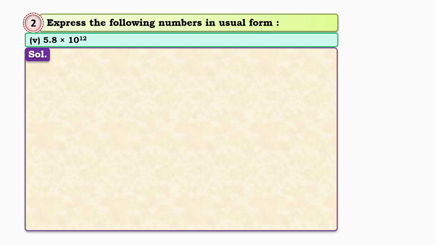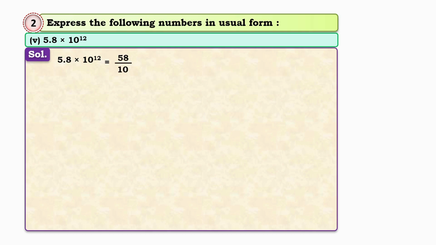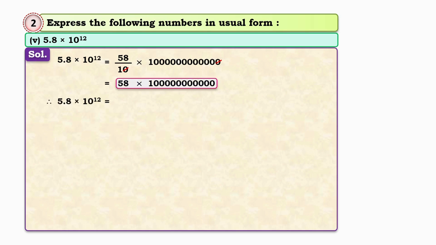Now another problem. We need to convert it into the usual form. So 5.8 means 58 by 10. Now multiply this and write the zeros carefully.